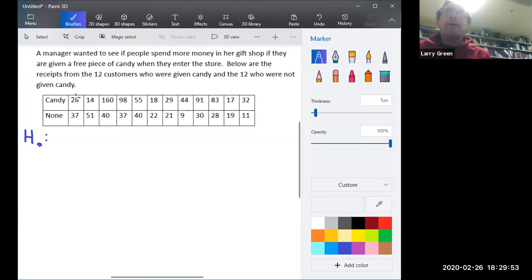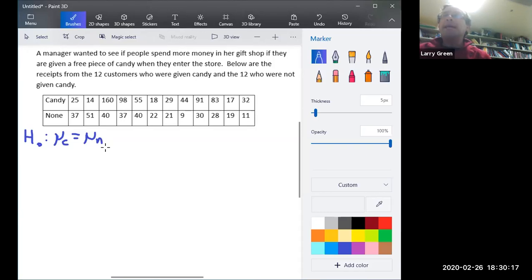And that's a number. And because that's a number, our variable's mu. And I'm going to write mu c for mu given candy equals mu n, and that means not given candy.